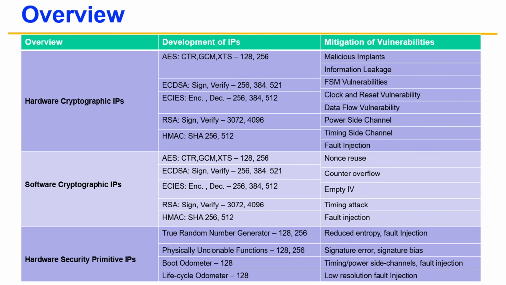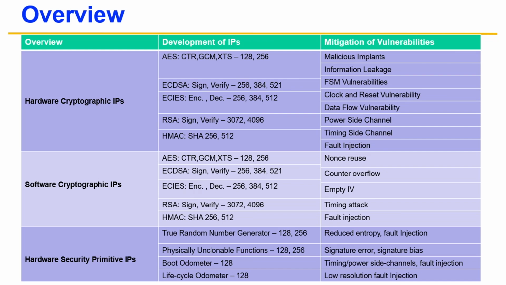And in the security community, the true random number generator, PUF, and odometer are typically not referred to as cryptographic modules, they are referred to as security primitives, but whatever it is, they also have their own vulnerabilities. For example, a random number generator is based on entropy. If for any reason somebody can reduce the entropy based on certain types of attack, then that is going to be a problem. Fault injection would be another type of attack, signature bias, verification, low resolution fault injection, and so on and so forth.